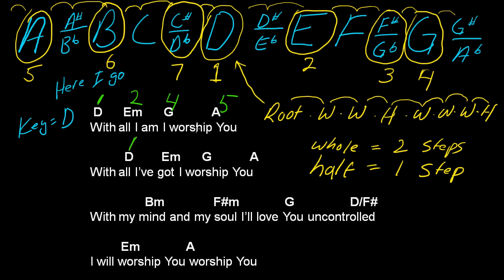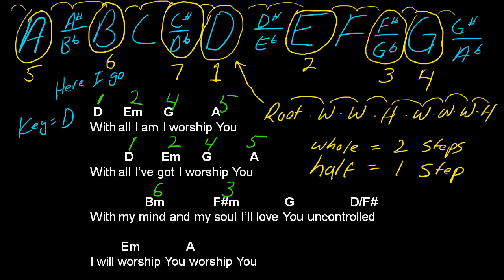E minor, number 2. G, number 4. A, number 5. B minor, let's see, B, you remember 6s are minors, so that's right. That's a 6. F sharp minor, where's F sharp? Right here. And you remember 3s are minors as well, so F sharp minor, sure enough, that's a 3.